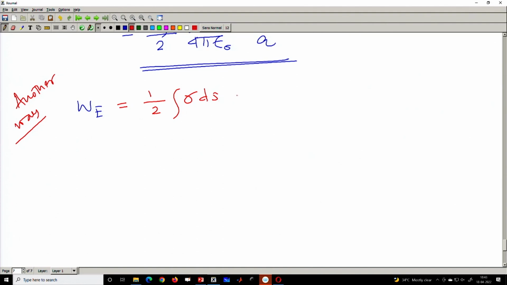This is the charge and then phi, the potential, okay, because W E for discrete charge I just use the concept that it is half and then the sum over i from 1 to n of q i phi i. This is for discrete charge, and now if we have a continuous charge distribution, this q i charge can be represented as the surface charge density sigma times dS.